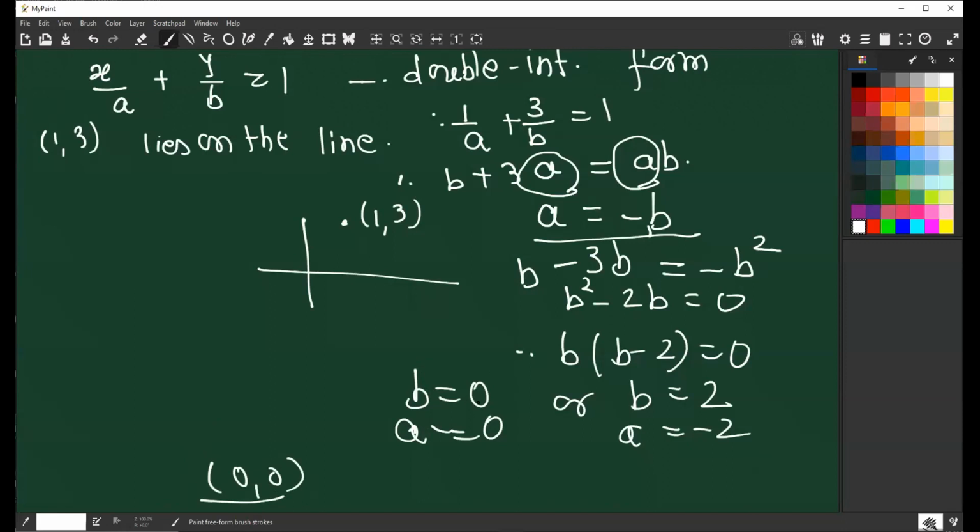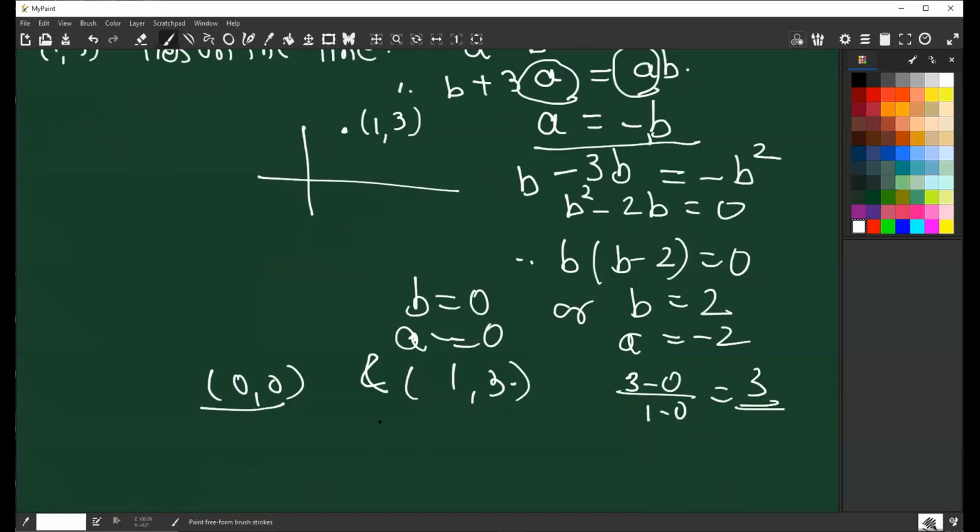Correct? तो ये तुम लोगों का एक point है, (0, 0). दूसरा है (1, 3). So the slope becomes 3 minus 0 upon 1 minus 0. And the line is passing through the origin. So एक equation तुम लोगों का आएगा y is equal to 3x. Correct?